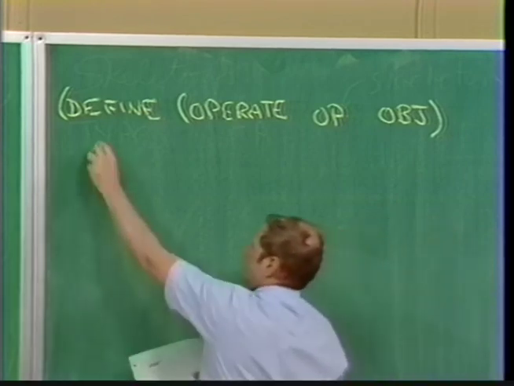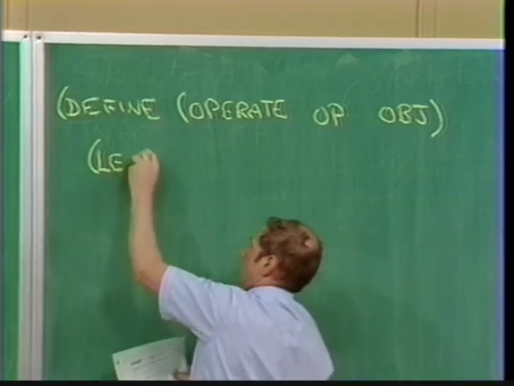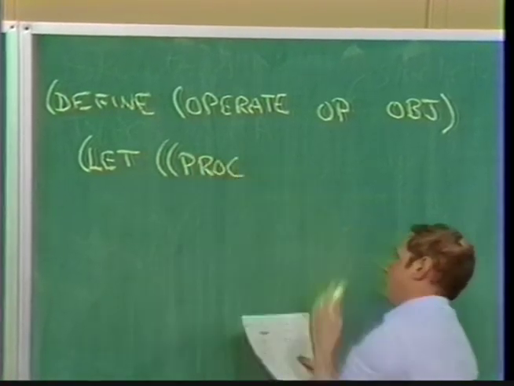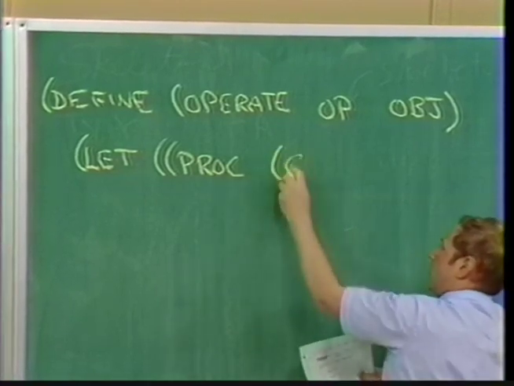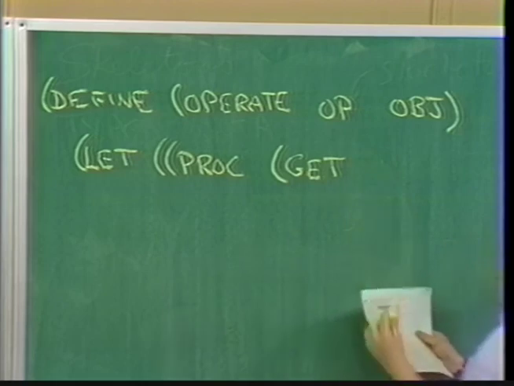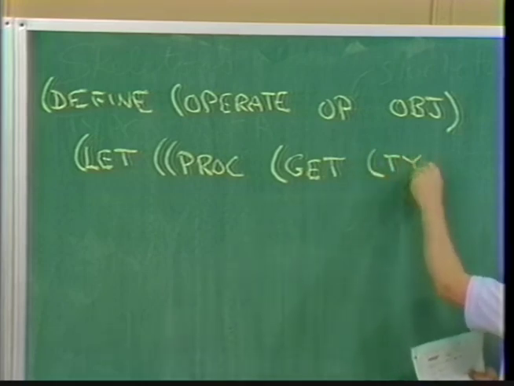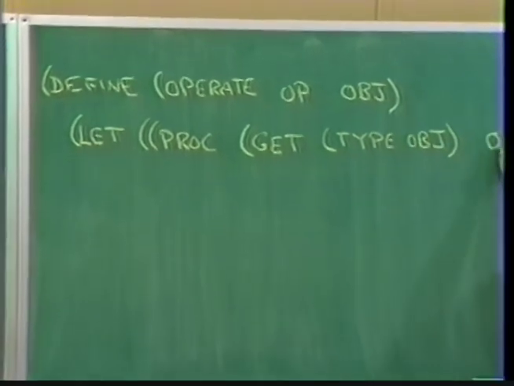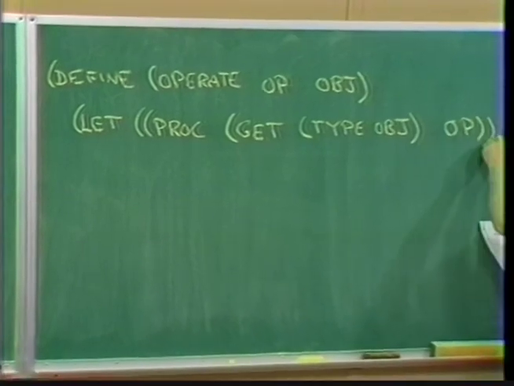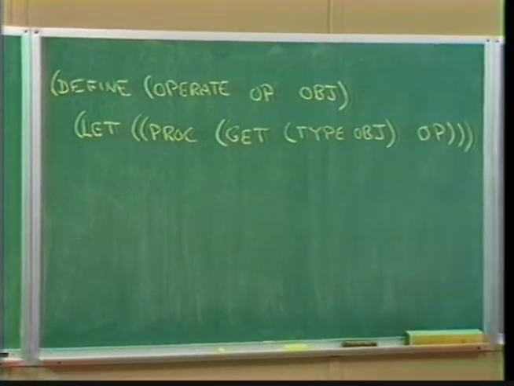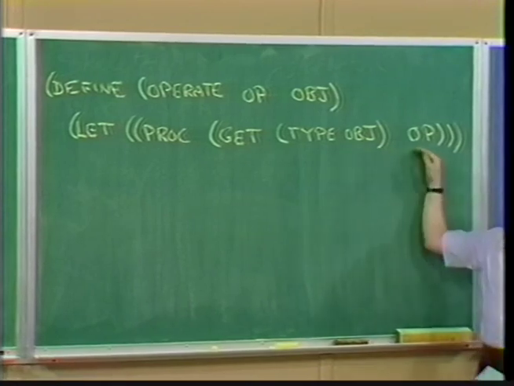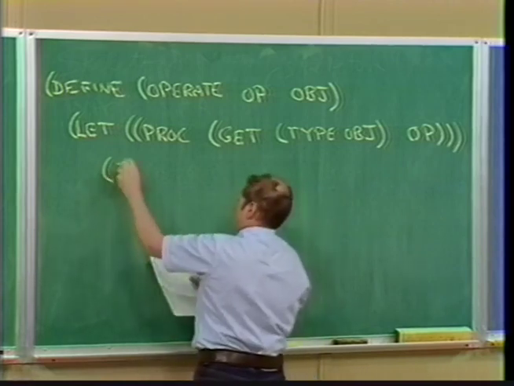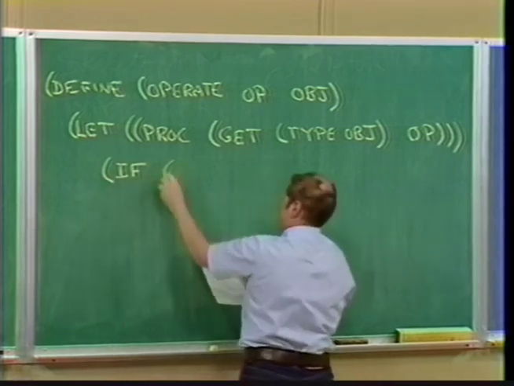What does it do? Well, the first thing it does, it looks in the table, and tries to find a procedure that's stored in the table, right? So it gets from the table, using as keys the type of the object and the operator. So it looks in the table and sees what's stored under the type of the object and the operator, sees if anything's stored. Let's assume that get is implemented, so if nothing is stored there, it'll return null, return the empty list.